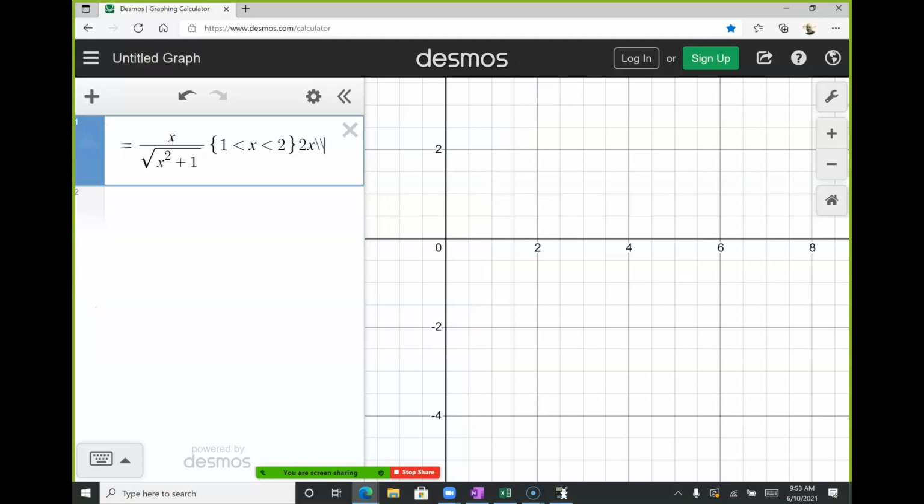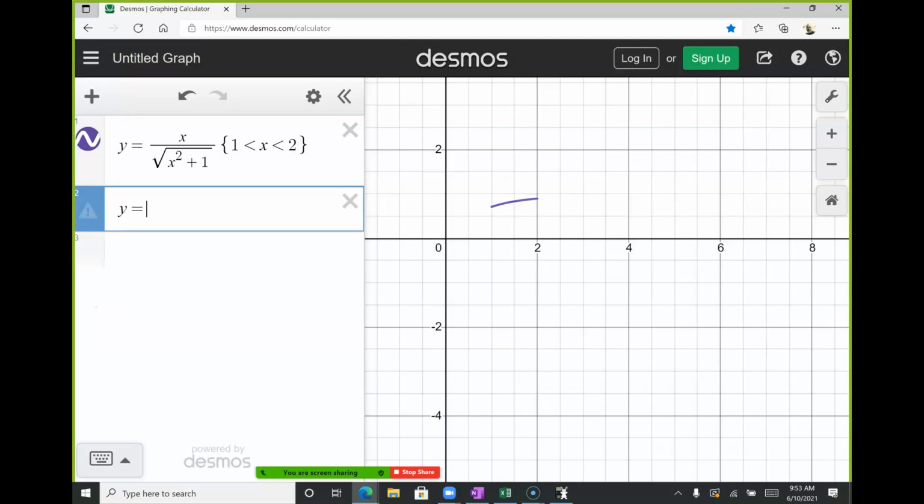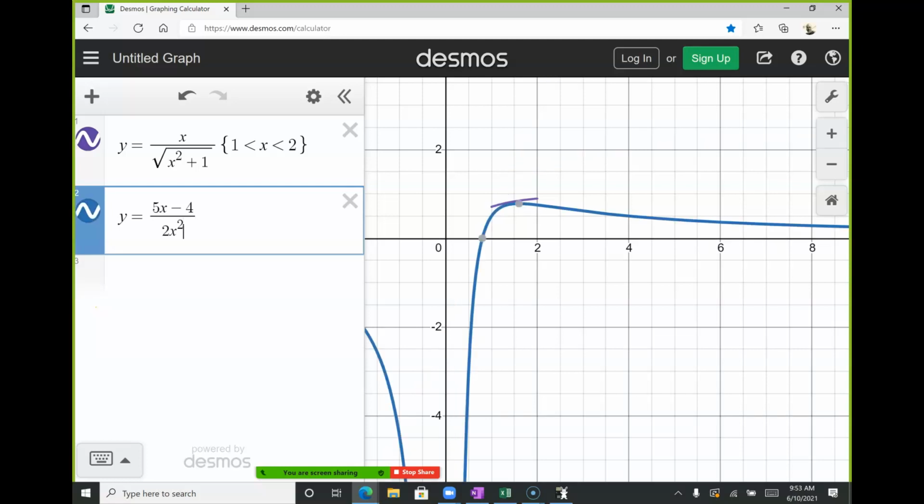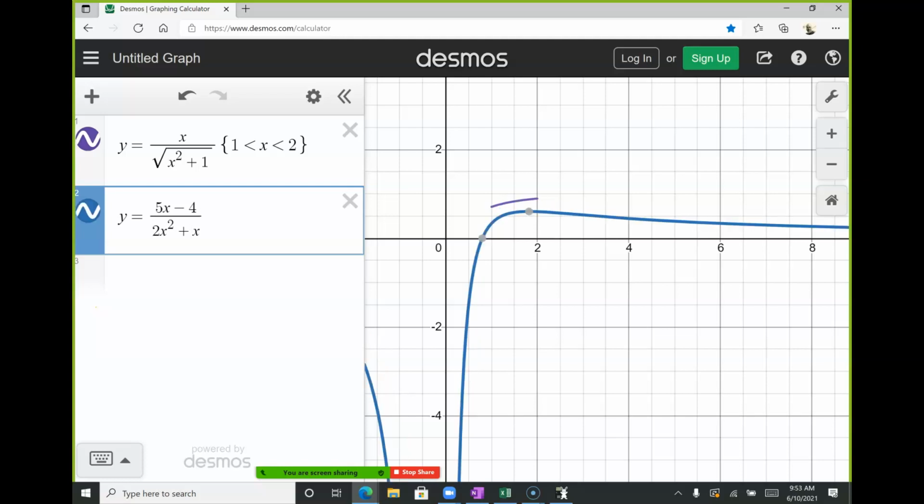This is the hard part of the class. And so clearly the purple is above, right?